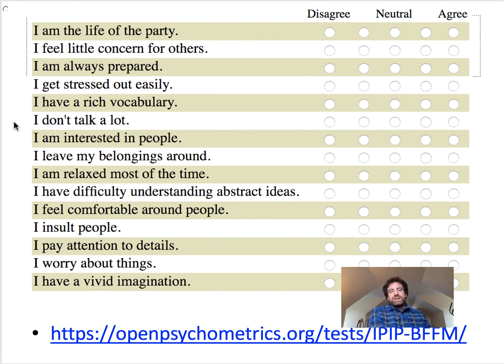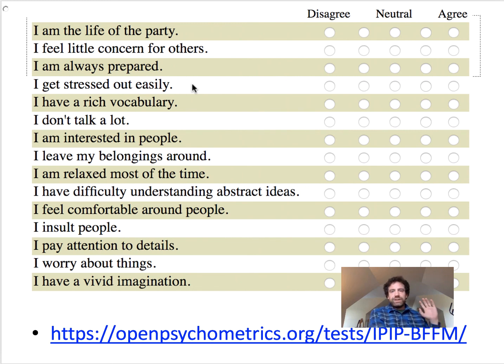So when you take these tests and you see questions like, for example, "I get stressed out easily." Let's say you're applying to work at the Taco Bell KFC combination. You've been asked, do you agree or disagree that you get stressed out easily?